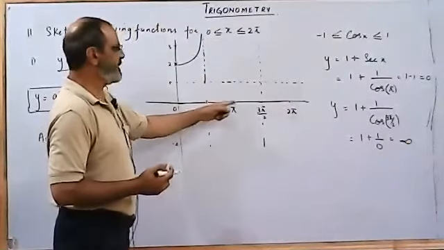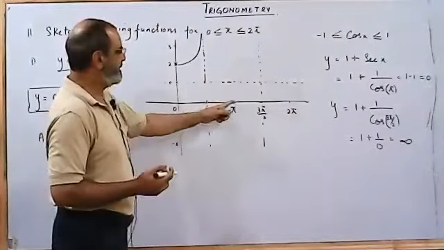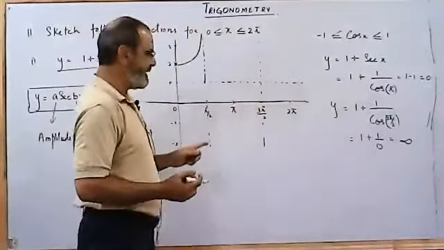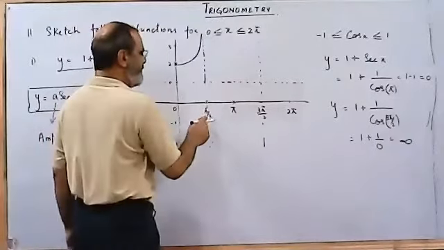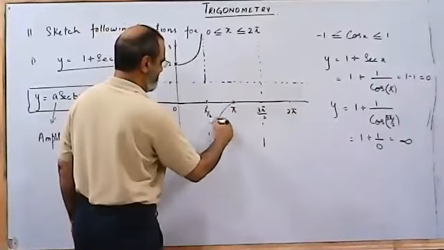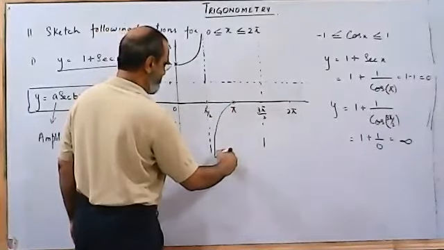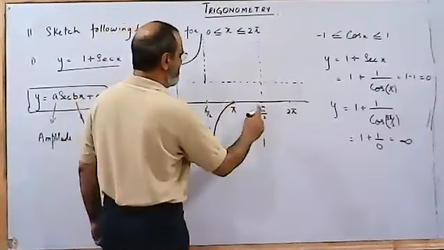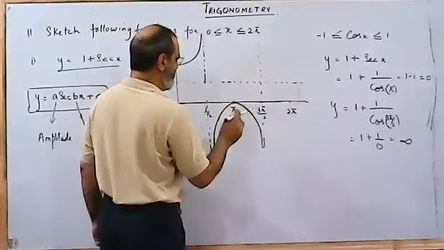In the second quadrant I know that cos is negative. At pi by 2 it remains undefined, so the curve bends like that. At 3 pi by 2 again it is undefined. Because in the third quadrant cos is negative, the curve is bending downward.